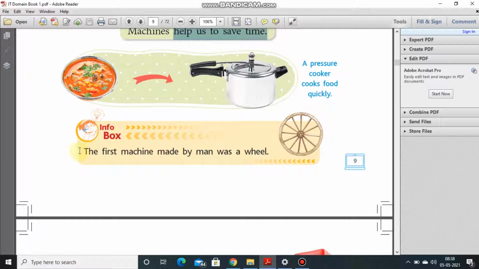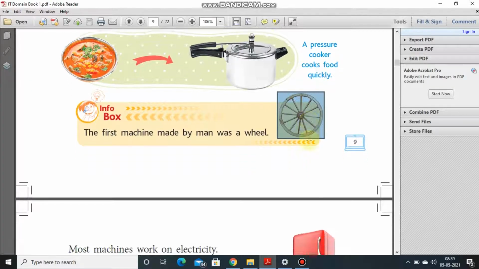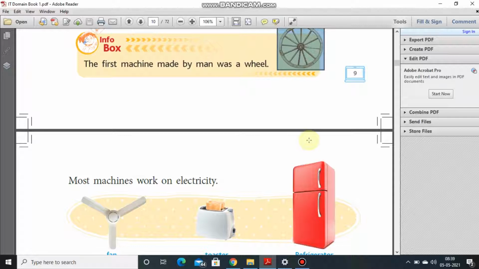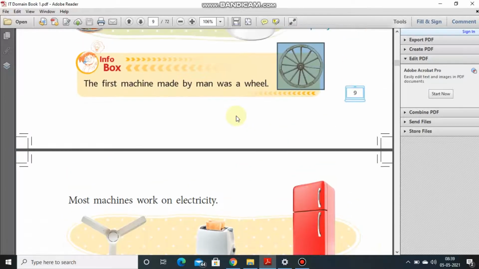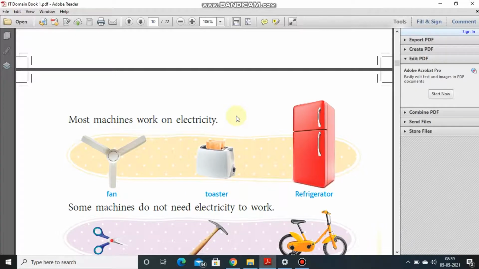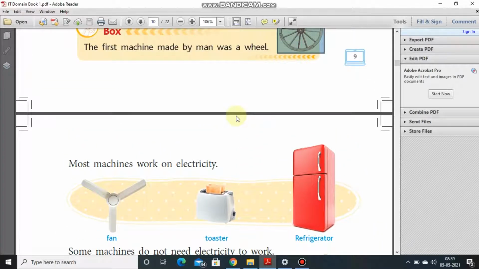One more thing to remember is that the first machine made by man was the wheel. I hope you have seen in some discovery videos or cartoons where ancient people use the wheel for a cart or their vehicle to move.